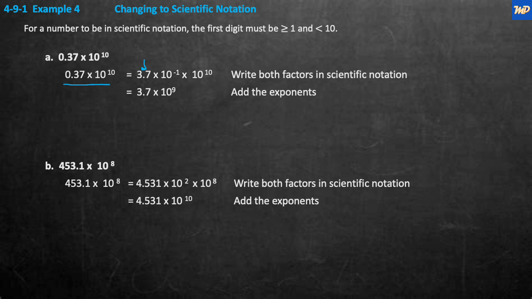It shows you here that we're going to multiply this piece, the 0.37, times 10 to something, because we have to get this number from this number. So you have to ask yourself, here's where I want to be, and what do I have to do to that number?